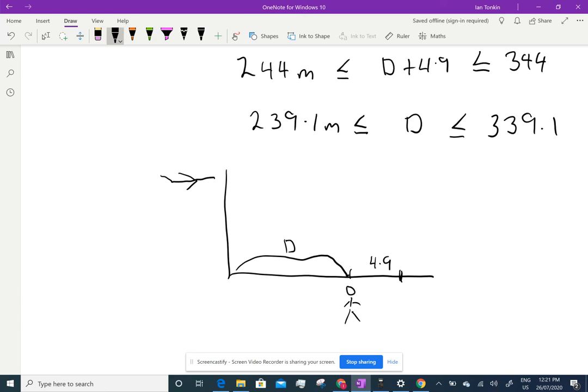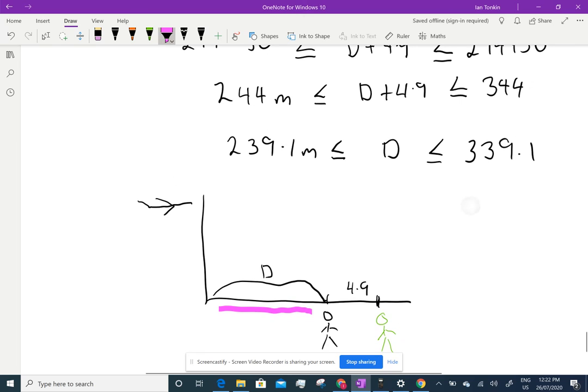So we want it to land within 50 metres of this sailor, where the sailor will be in the water. So we have to get this distance right. Now, if we drop it a long way away, what's the maximum distance that this can be? Well, it can be 339.